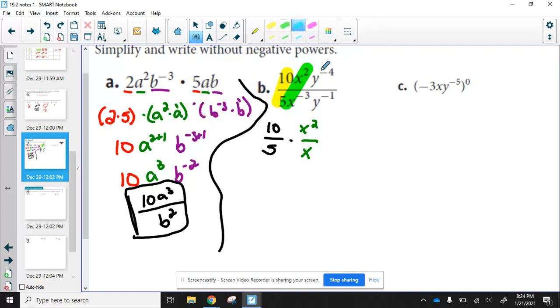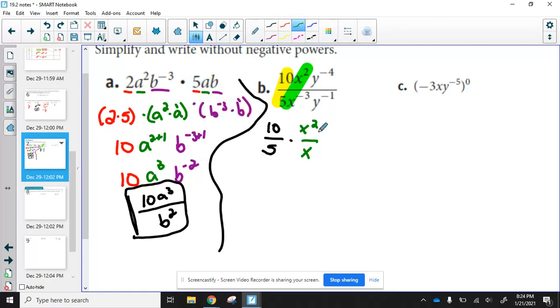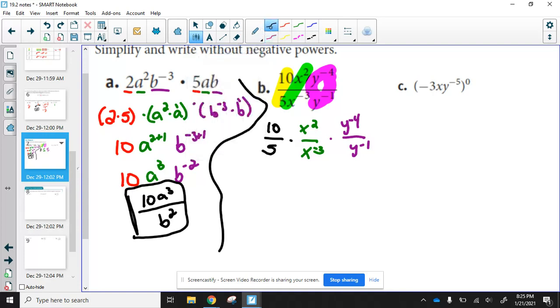And then we also have, oh, I lied, that is x to the negative third power. Okay, and then lastly, we have y's, y to the negative fourth power divided by y to the negative 1 power. Again, if you separate it, color code it, and keep it organized, it'll only help you more.